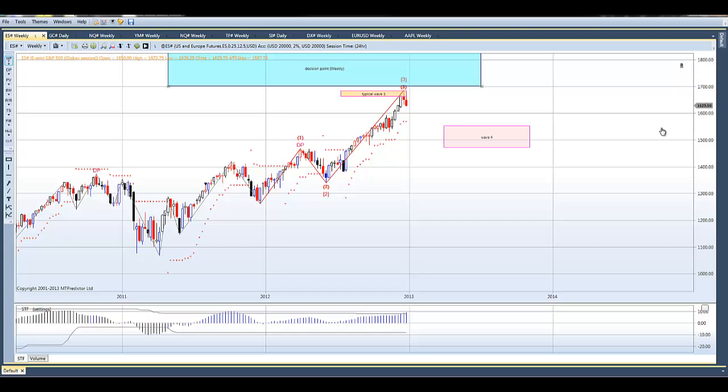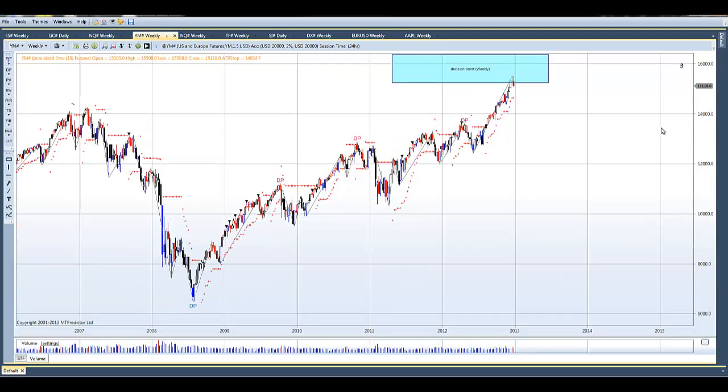Let's take a look at the Dow. We'll do the Dow weekly here first, and you can see I've already got the decision point off of the 2007 highs there. It's already in its weekly decision point. If I put the Elliott waves on here, again, that was wave 3.